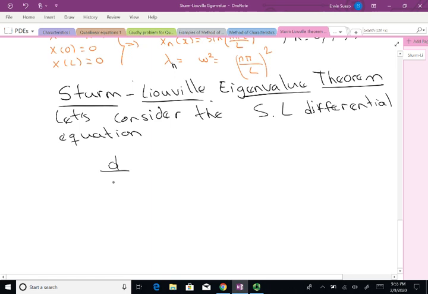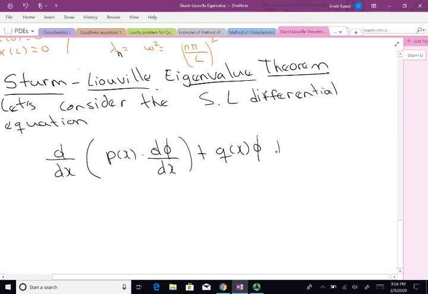So derivative with respect to x, p of x times d phi dx, plus q of x phi, plus lambda sigma of x phi equals 0.